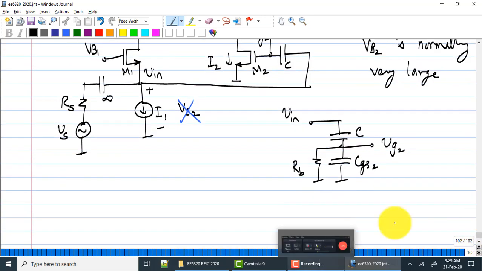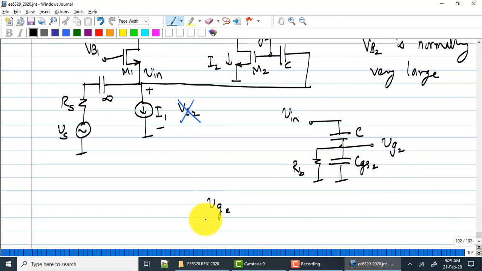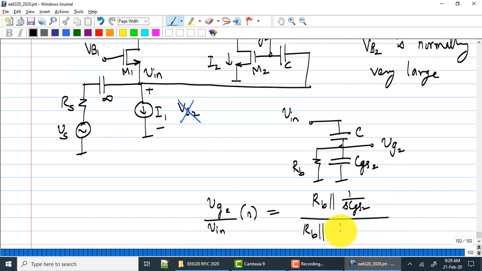So VG2 by Vin of S is RB parallel 1 over S CGS2. Let us consider two cases. One case, I move to extremely high frequencies.